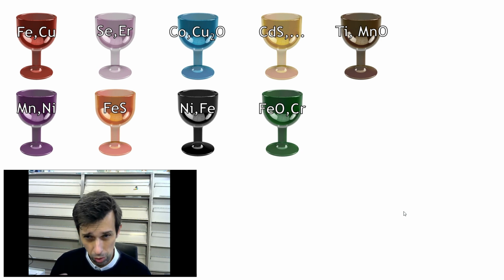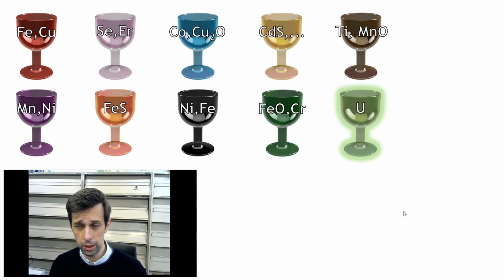There's one more color that I want to speak about, and it is obtained by adding uranium to glass. And I find that this is amazing. Uranium glasses are fluorescent under UV light, and this means that you can see this nice green glowing transparent glass.